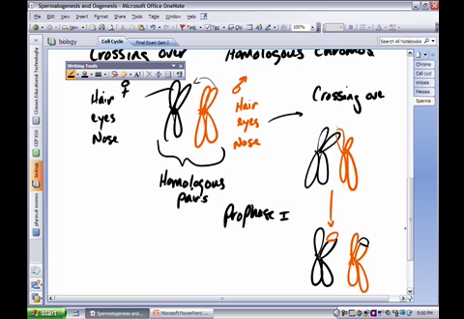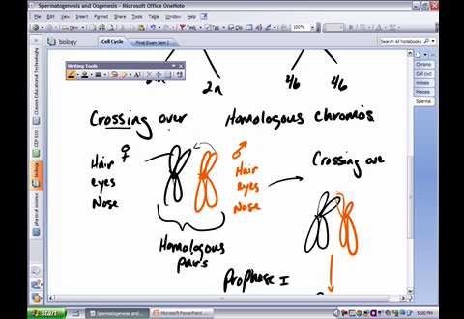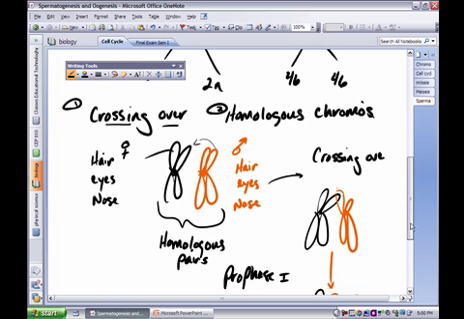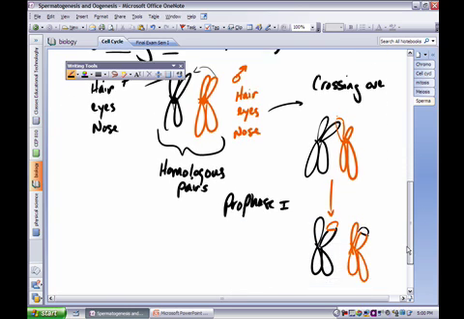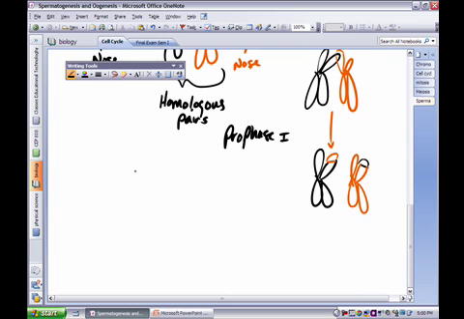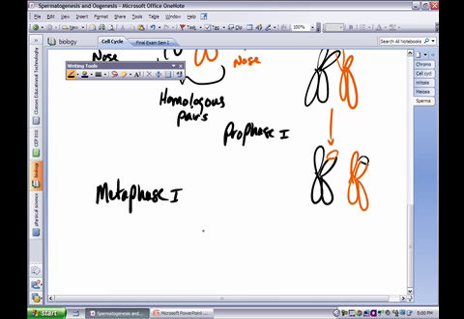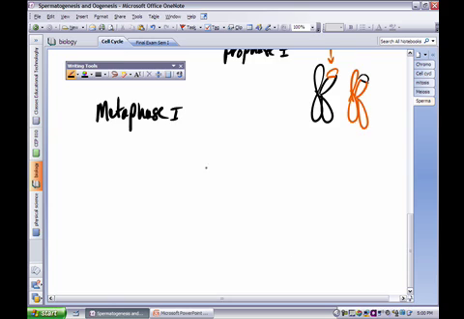So there are two things that will occur. One is the crossing over, and the other is that the homologous chromosomes will align themselves next to each other. This takes us on to metaphase 1. In metaphase 1, these homologous chromosomes will line up side by side.